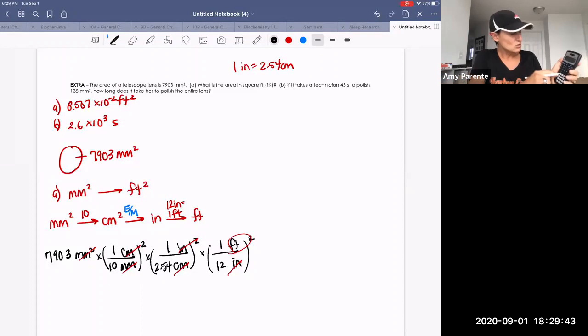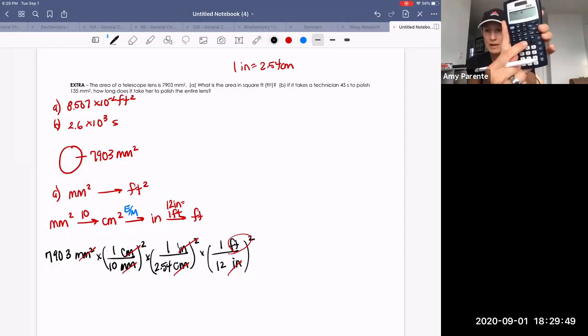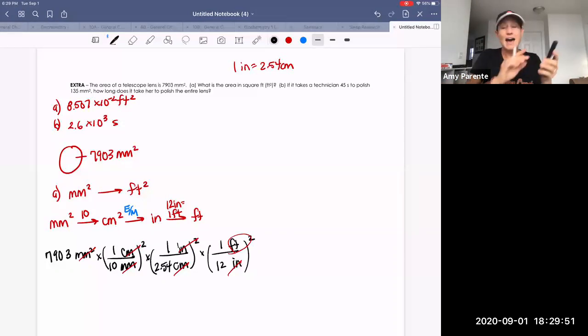I could say 7903, and then divided by, and I'm going to use my parentheses key here because I want to divide by everything in my denominator. So 10 times 10 times 2.54 times 2.54 times 12 times 12, and then I close my parentheses.